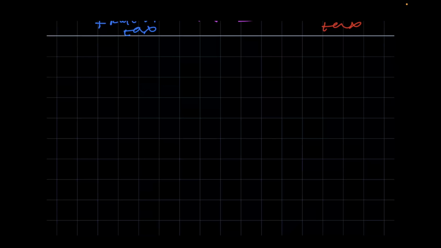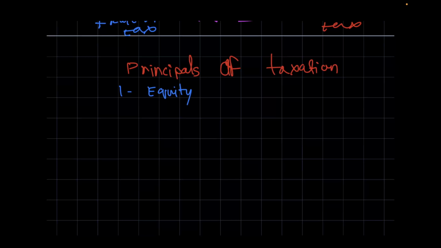So now there are some key principles of taxes that we need to understand. Principles of taxation. So when you look at some key principles of taxation, they are firstly equity. So there should be equal ability for everybody to pay the tax. There should be certainty.